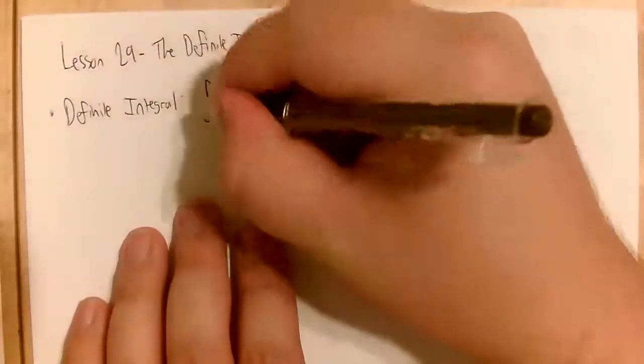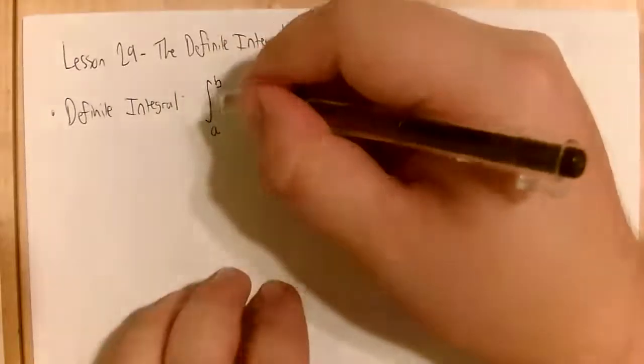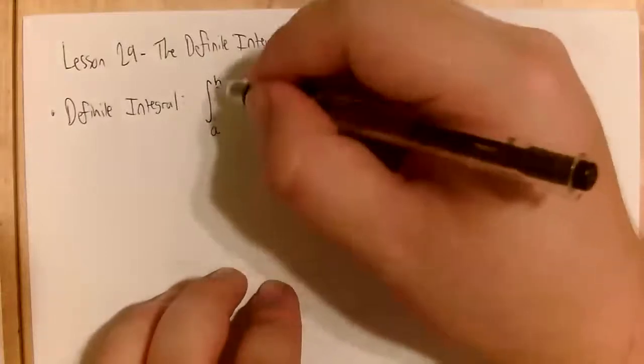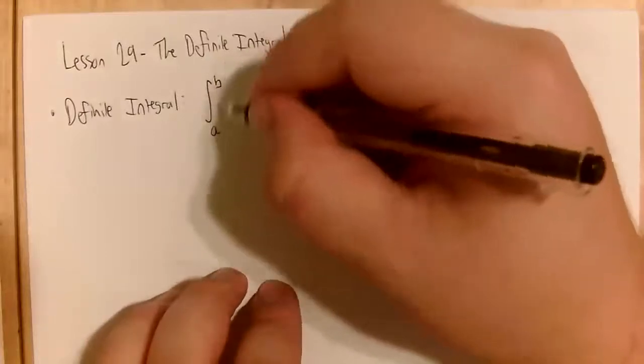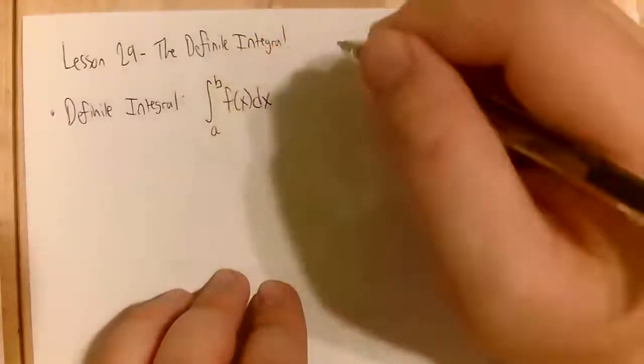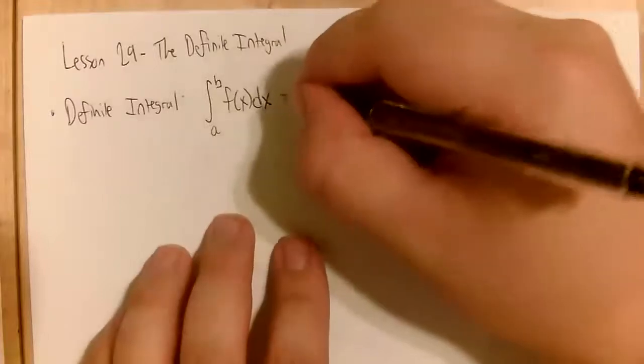It's written like this. We have this elongated S, like a very stretched out S with very small hooks. Then we have the limits of integration right here, the function that we're finding the area under the curve for, and then we put what the variable is back here.